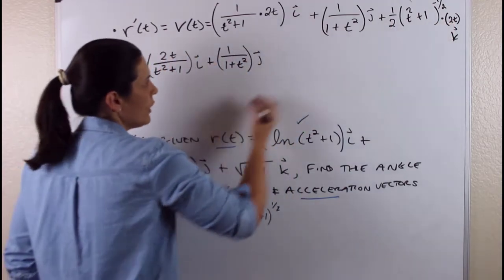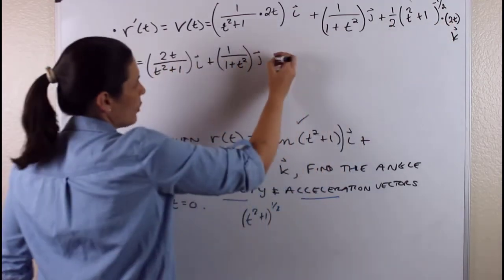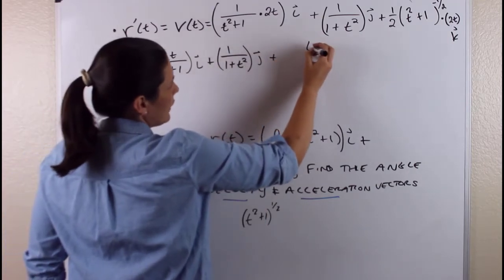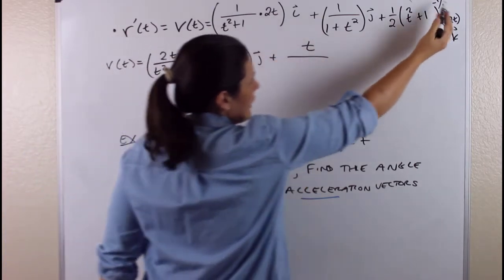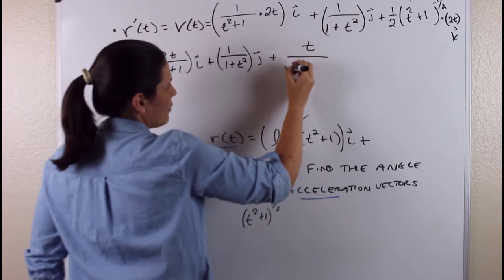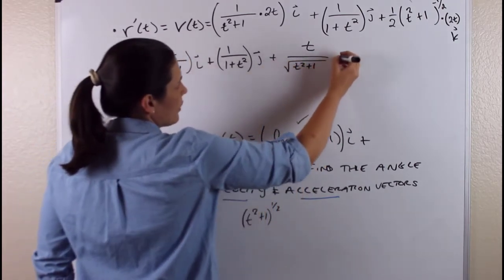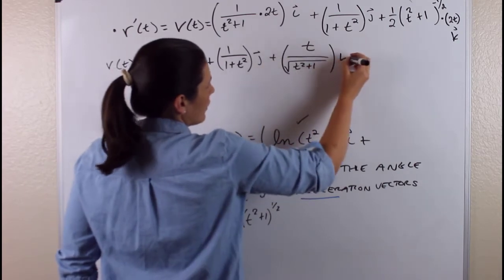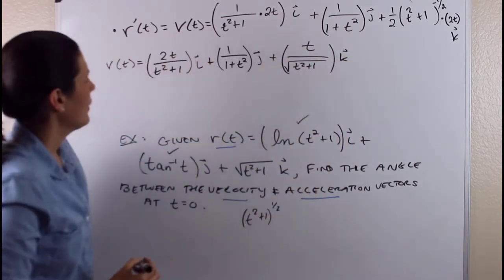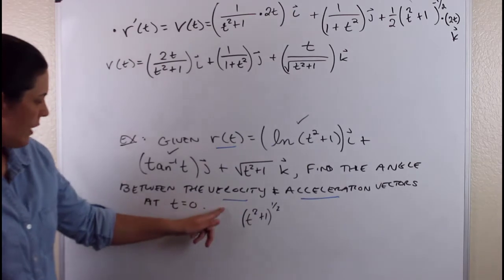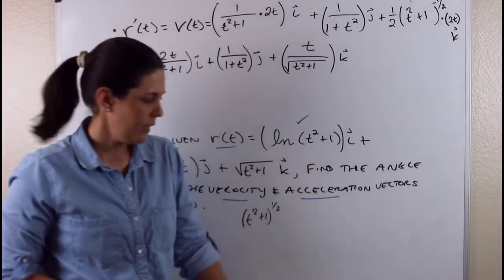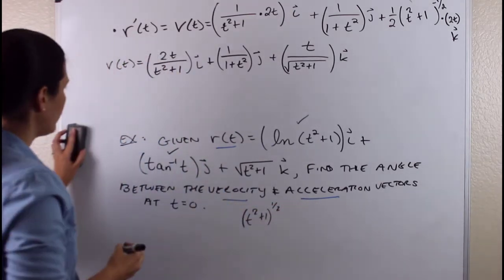So those 2's are actually going to divide out right there. So all that's left in the numerator is a t. And then this negative exponent here, I'm going to bring that back down. It's a square root on bottom. So t squared plus 1. And that's for k. Alright. So there's our velocity vector. Found that.